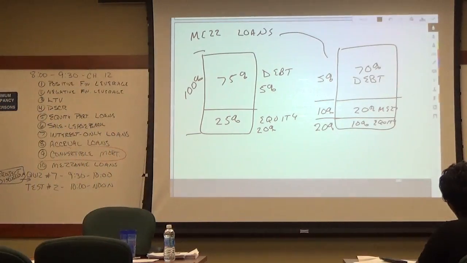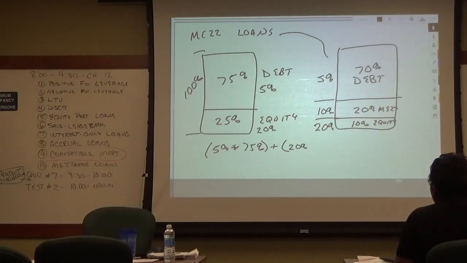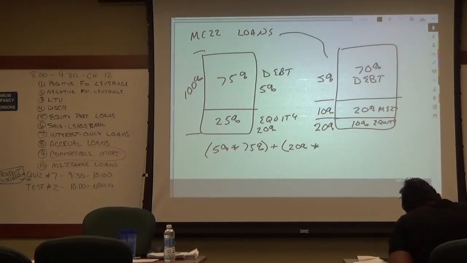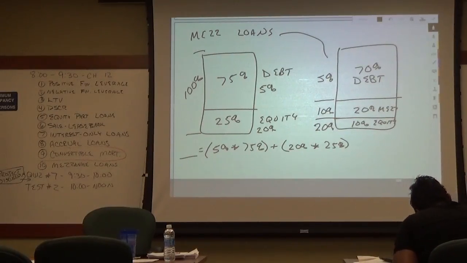So in this case, real simply, it would be the 5% times 75% plus 20% times 25% to give us our overall rate of return. So in this case, this would be 3.75.